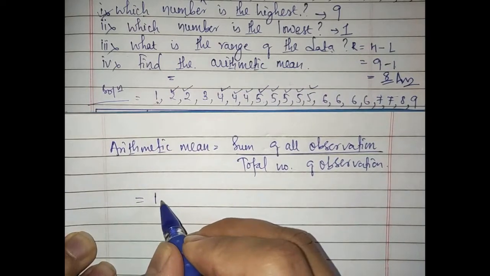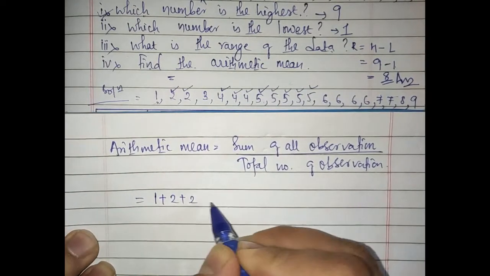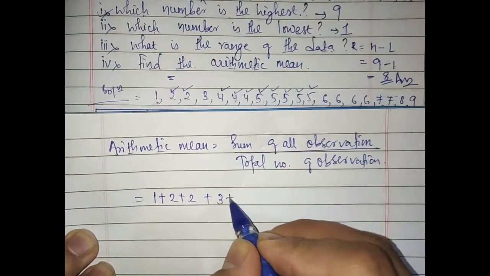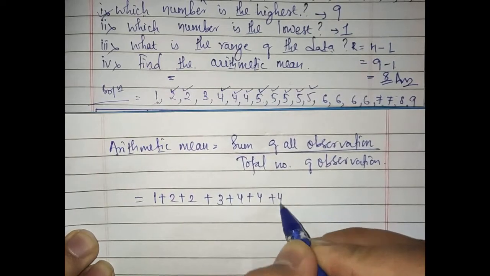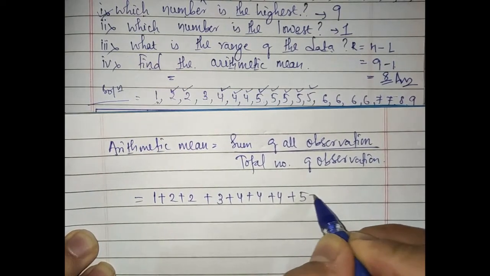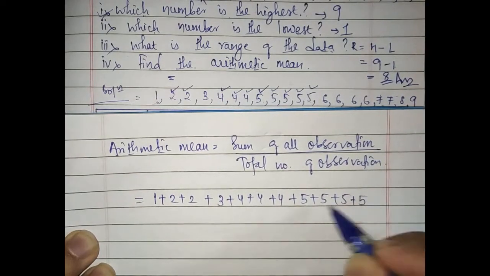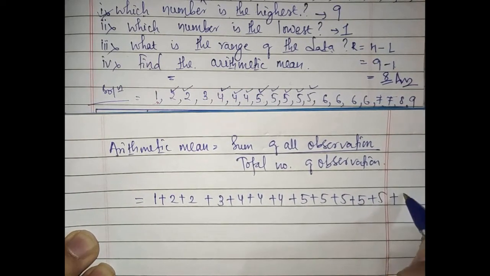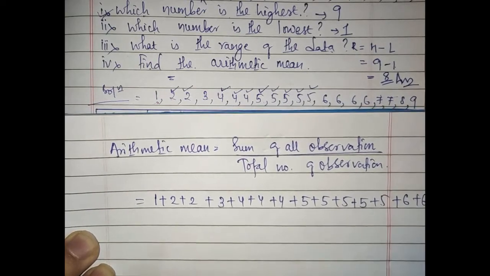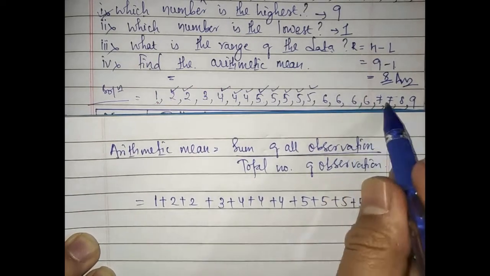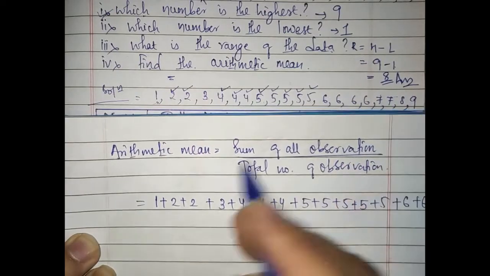So 1 plus 2 plus 2 plus 3 plus 4 plus 4 plus 4. 3 4 is there, so again 1 2 3 4 5 is there, no? So 1 2 3 4 5, then plus 6 plus 6 plus 6.